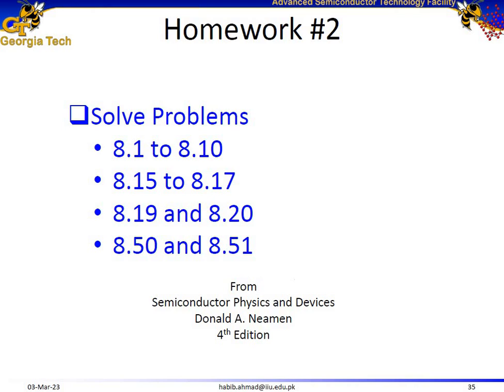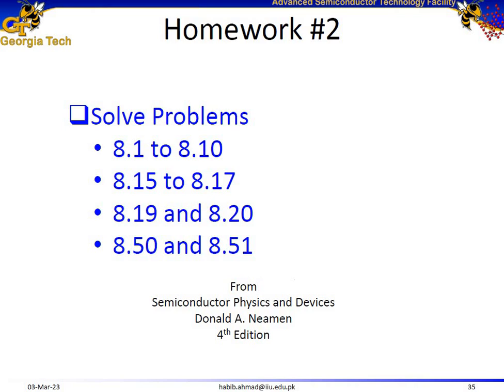So in assignment number 1 and assignment number 2, I've assigned you a lot of problems, but with the passage of time, I'm cutting down on the number of problems in the assignments. Like in Schottky diodes, the number of problems would be even smaller, and then in photodetectors we will have an even smaller number of problems in the assignment.